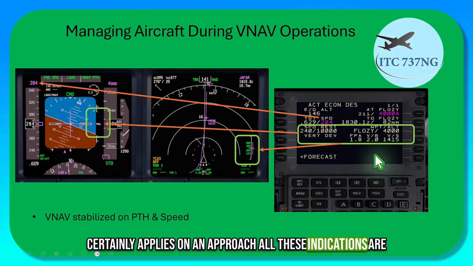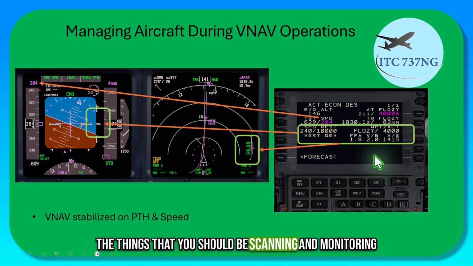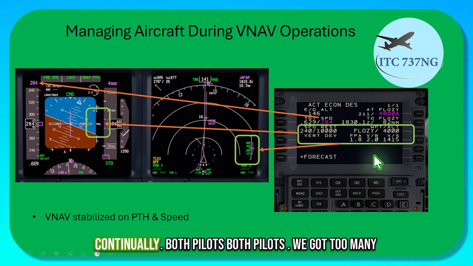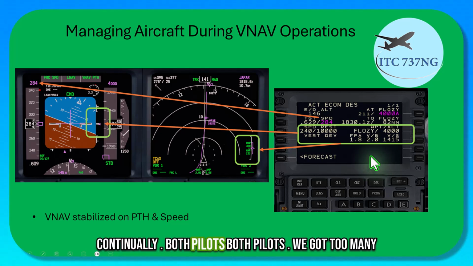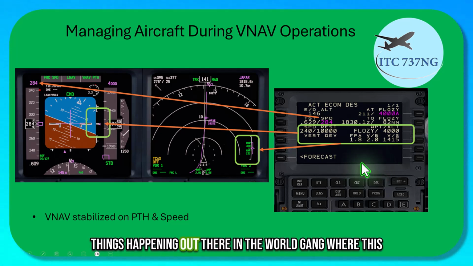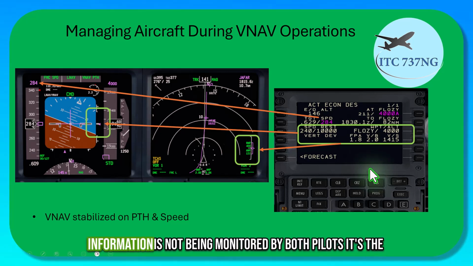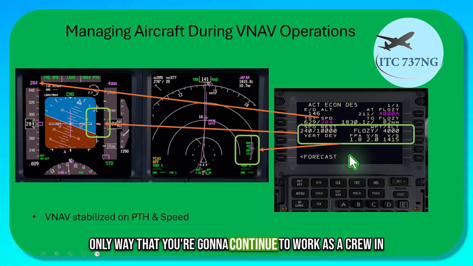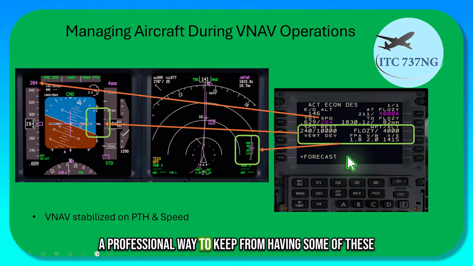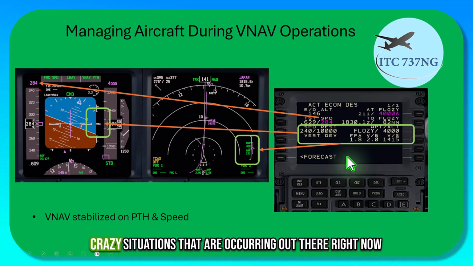All these indications are the things that you should be scanning and monitoring continually. Both pilots. We got too many things happening out there in the world, gang, where this information is not being monitored by both pilots. It's the only way that you're going to continue to work as a crew in a professional way to keep from having some of these crazy situations that are occurring out there right now.